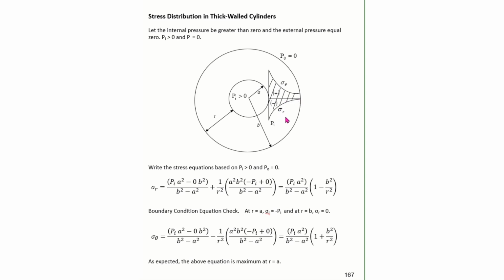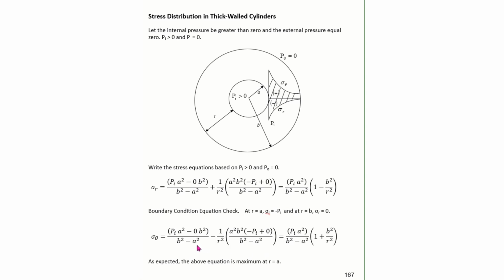And so the key takeaways from this example are that first, the game that we essentially play is to write down the expression for sigma r or sigma theta and then solve for the unknown.